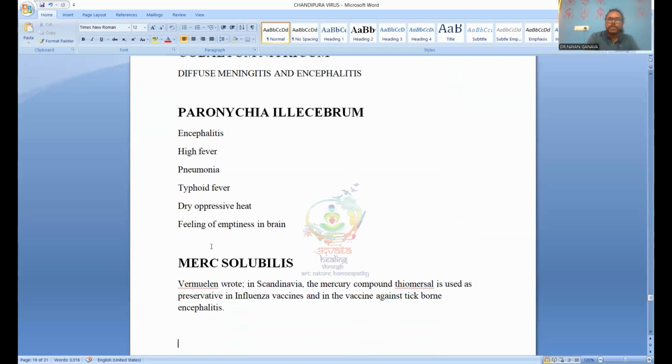So there is one remedy, Paronychia illecebrum, mentioned in Julian's Materia Medica only. In it is written encephalitis, high fever, pneumonia, typhoid fever, dry oppressive heat, and feeling of emptiness in the brain.